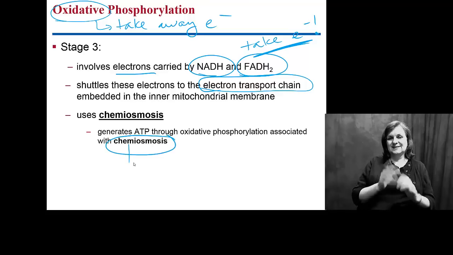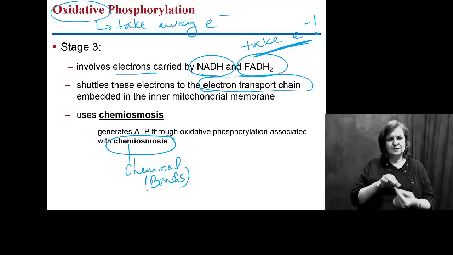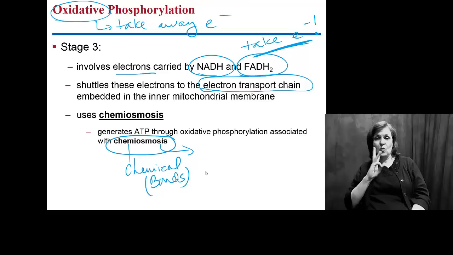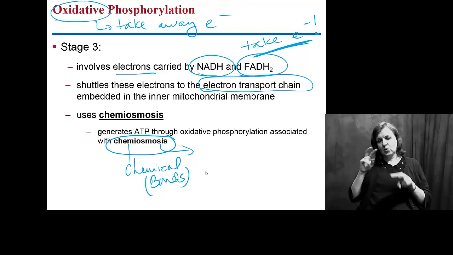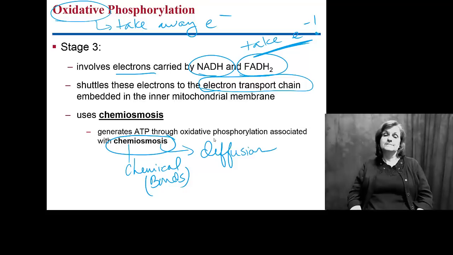So chemio is chemical, okay? Bonds in particular is what we're looking at. Osmosis, we already talked about osmosis. We talked about it with water. I'm looking more now at diffusion. Okay?